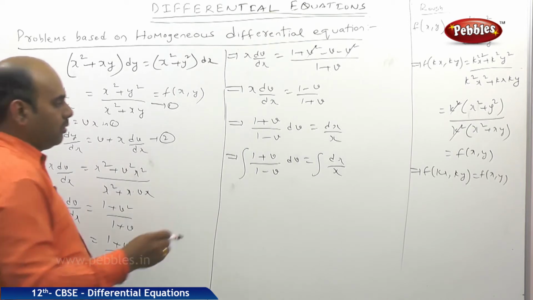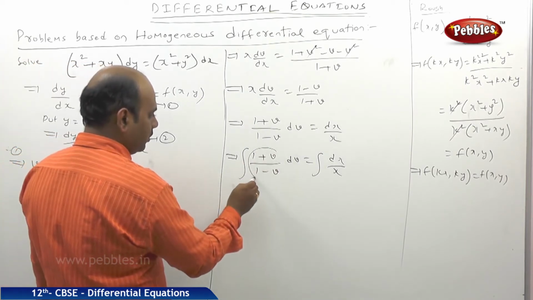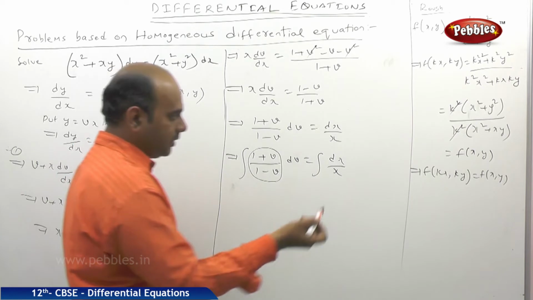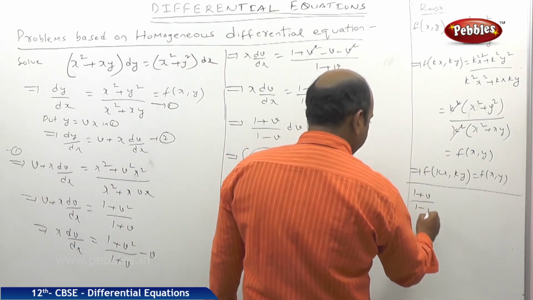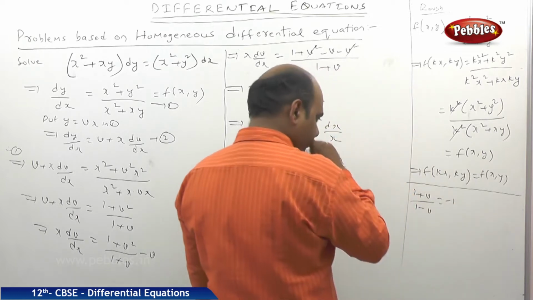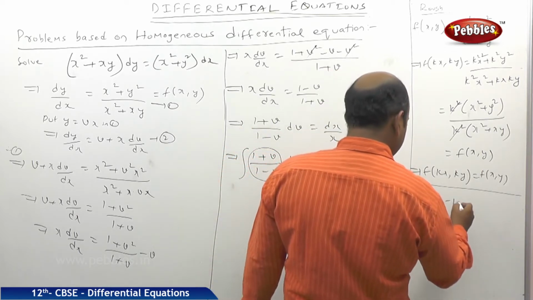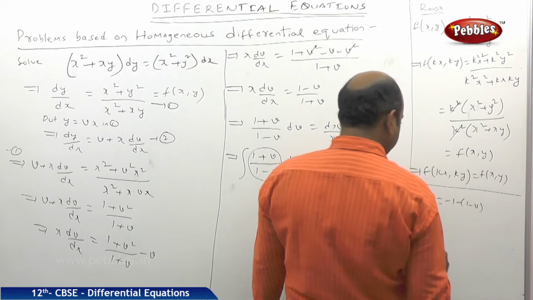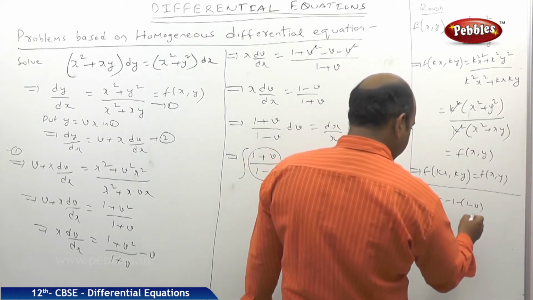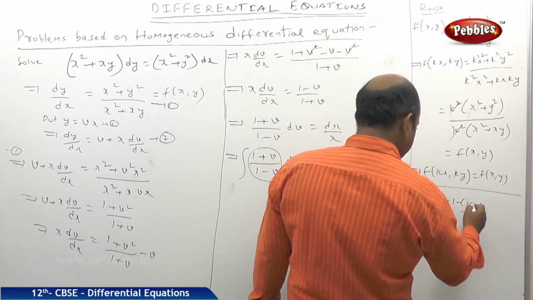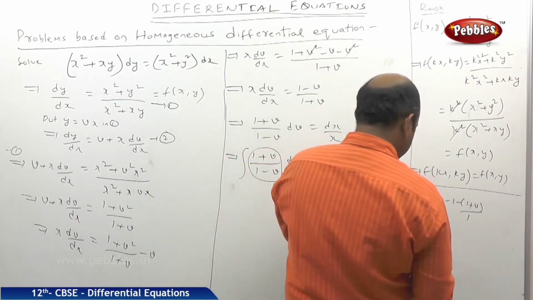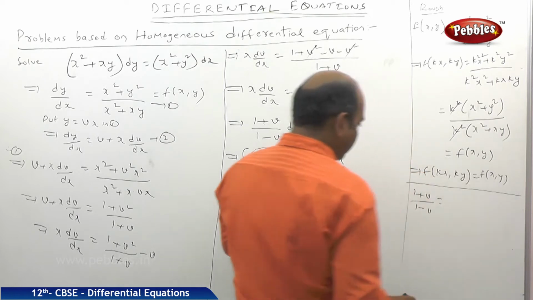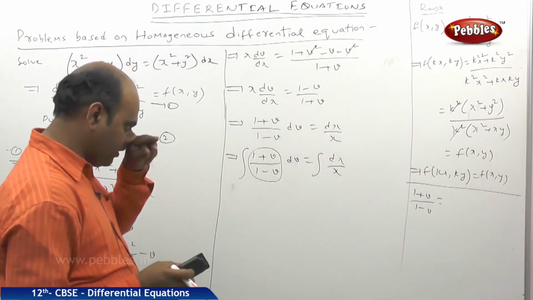Now this whole function I can write like this, I am mentioning in rough, 1 plus v by 1 minus v. I think we shall make a little bit of change.